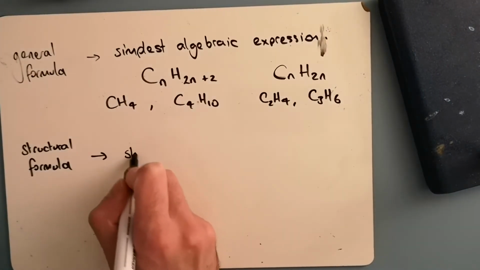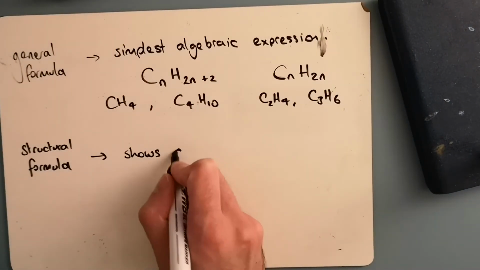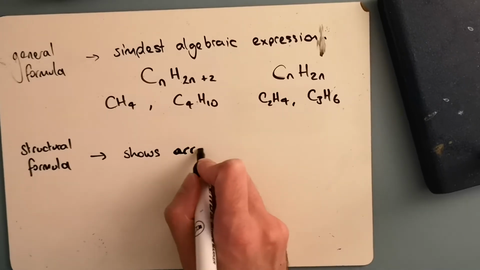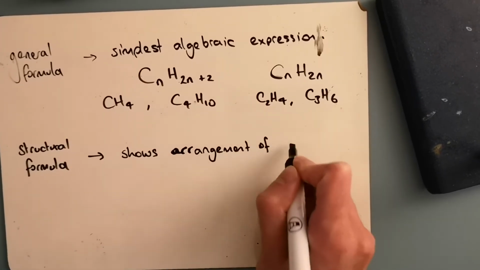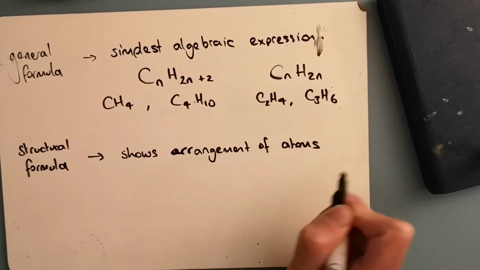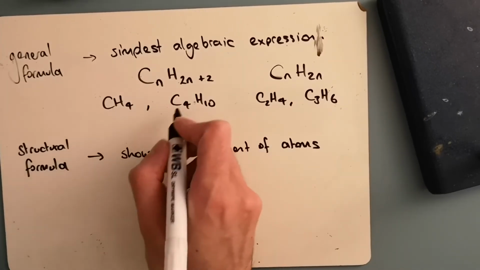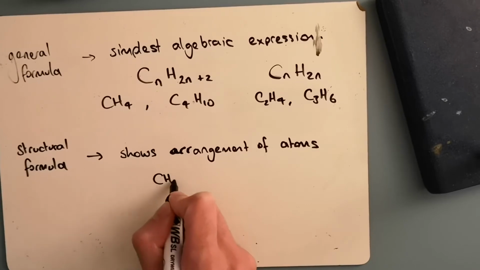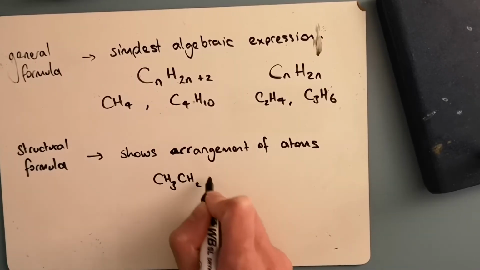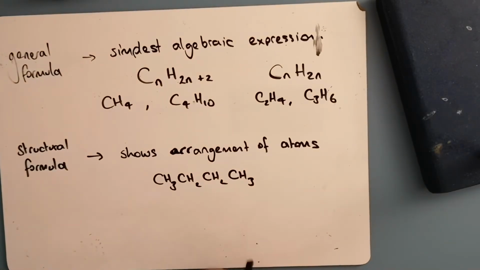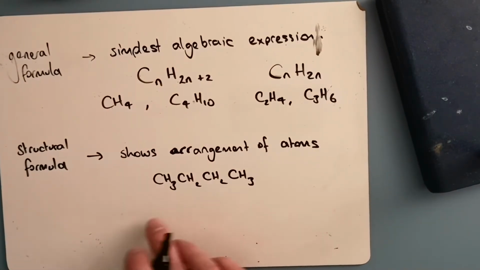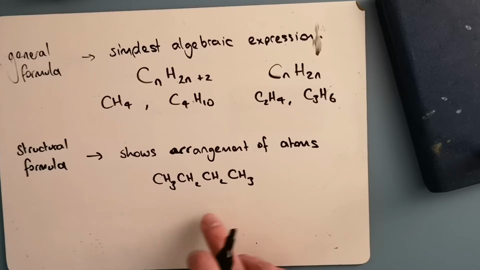So for instance, butane up here would be CH3, CH2, CH2, CH3. Showing that we've got 4 carbons bonded in a row, and each carbon has a set number of hydrogens also attached to it.